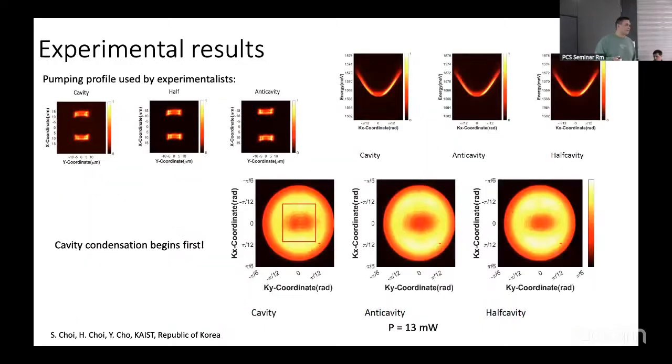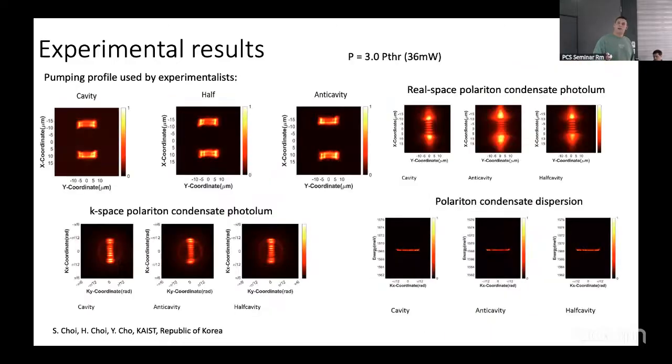So what is the point of this? You have these half and anti-cavity setups, which are kind of no cavities, and yet you still have nice condensation. What do I learn from this? It's just an example of which types of structure were studied.